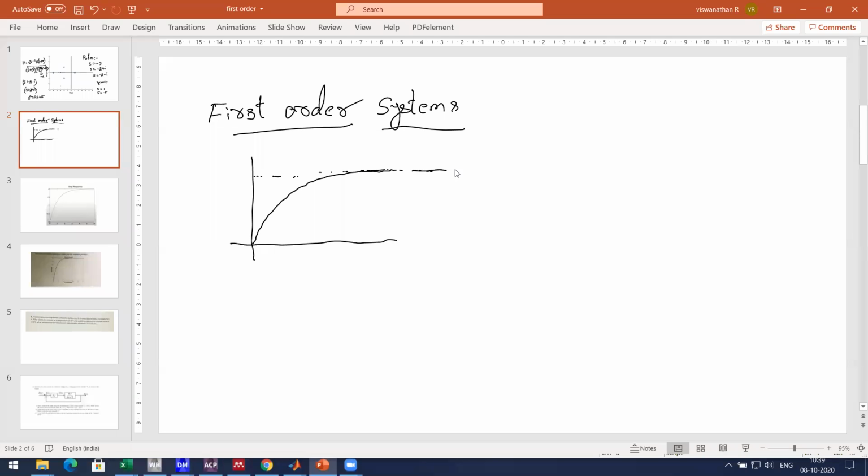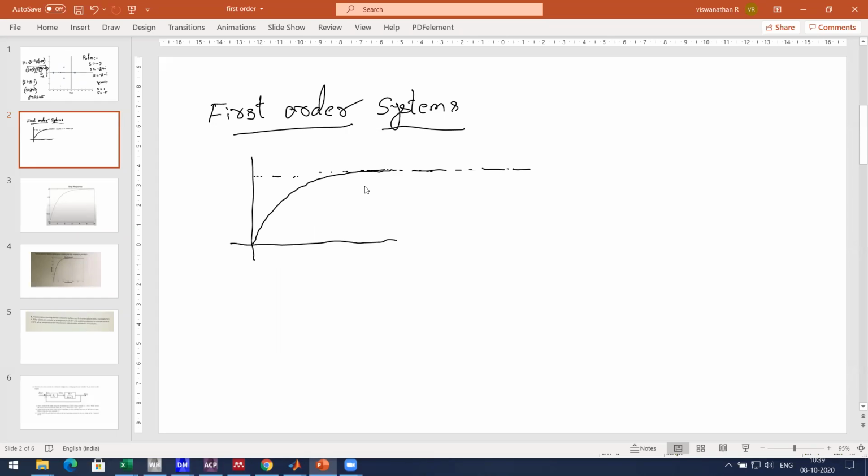There won't be any oscillations. The damping ratio, if you like to say, is equal to 1. So the step response will always be exponential, either an exponential increase or an exponential decrease. This is how the first order system will behave.